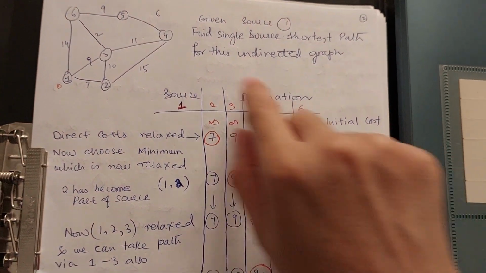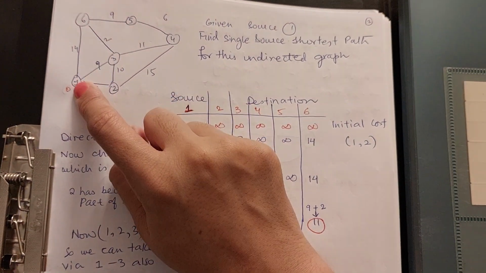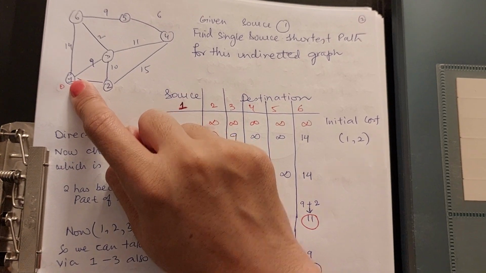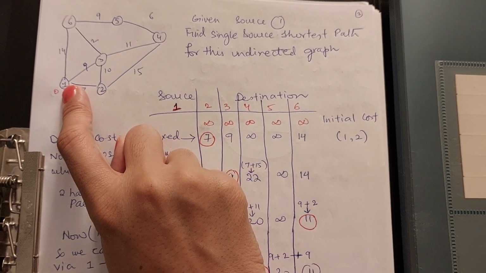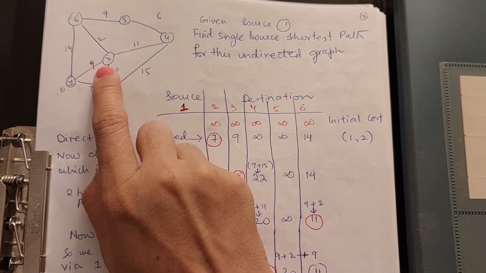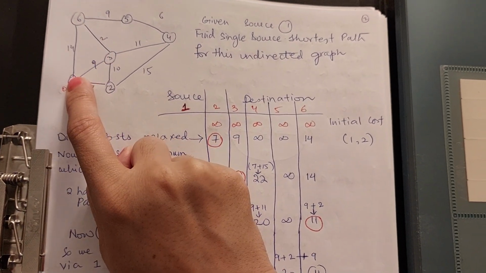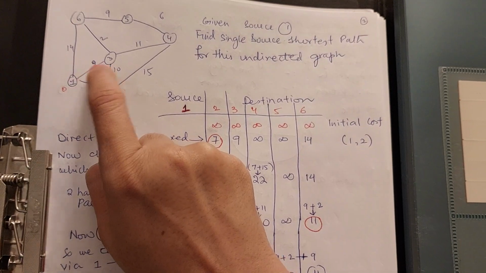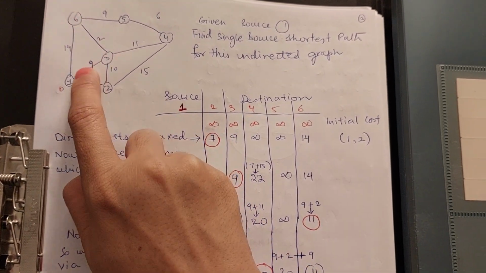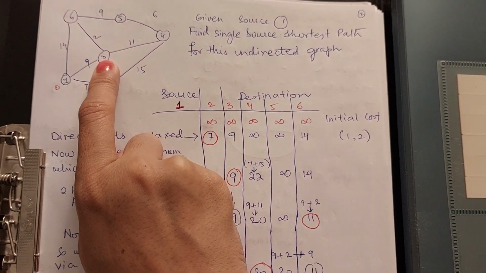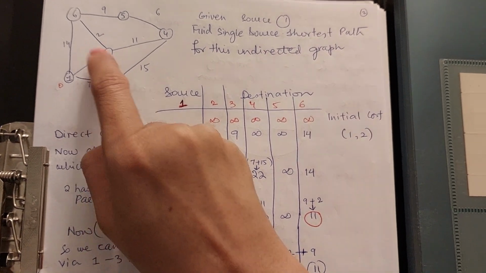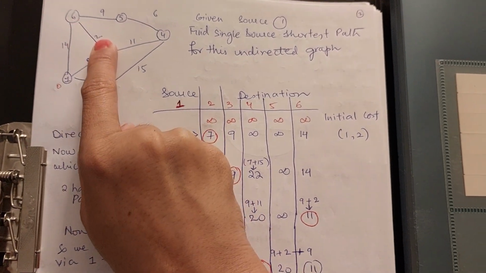Node 6. Node 6 is connected directly with the cost of 14 with my node 1. Node 6 is connected with this cost of 2 and 9. This is another path of connection for 3, because remember that 3 has also become part of your source, but you cannot take this cost alone.